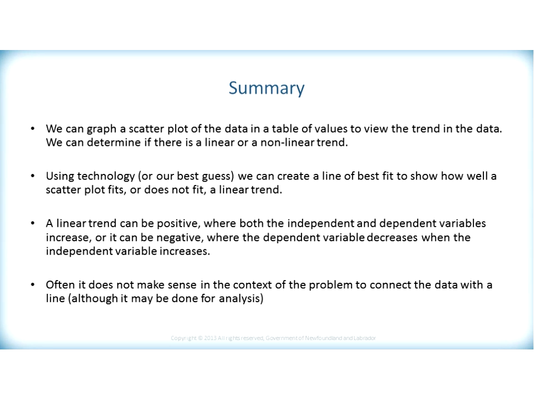A linear trend can be positive, where the independent and dependent variables both increase in value. It can be negative, where the dependent variable decreases when the independent variable increases. Or there could be no trend, where there's no discernible relationship between the independent and dependent variables. The dots appear to be random on your scatter plot.